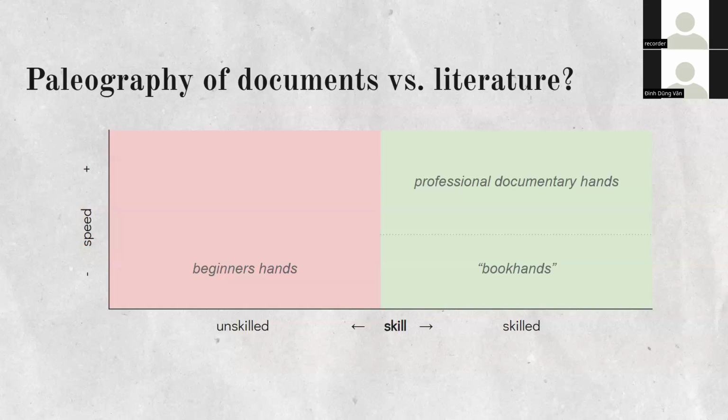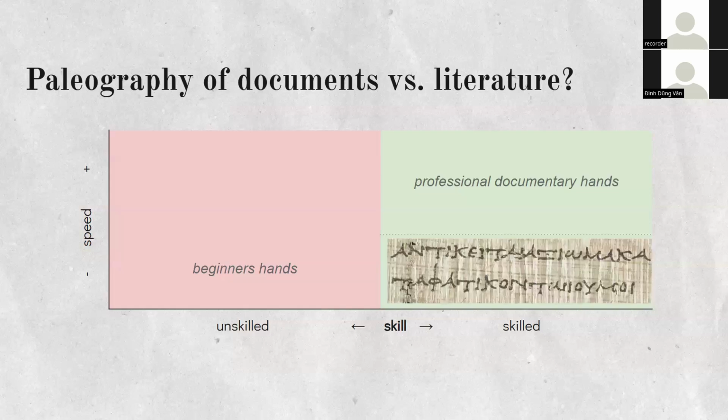In the skilled part of the table, you can have faster hands to write documents, but professionally, so they can be fast and precise. And on the other hand, book hands, what we could call a book hand, is, yeah, I am not trying to use cursive, informal, but actually that could also be a term that could help us. That took the time to make ornaments, to detach the letters, or to make every letter always exactly the same way.